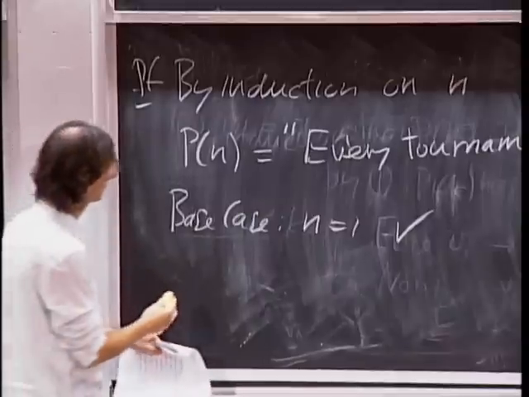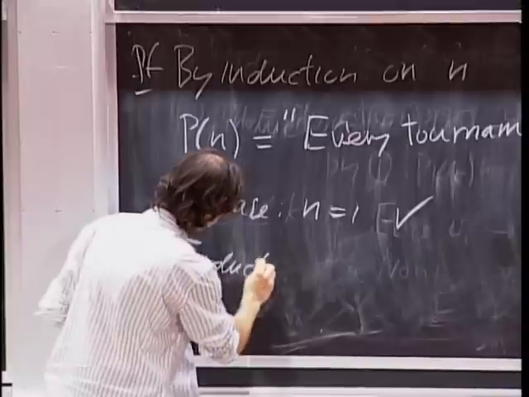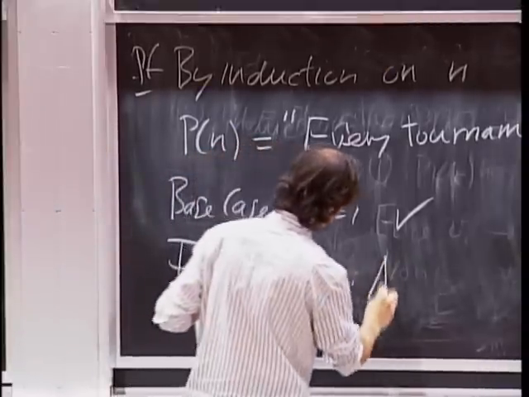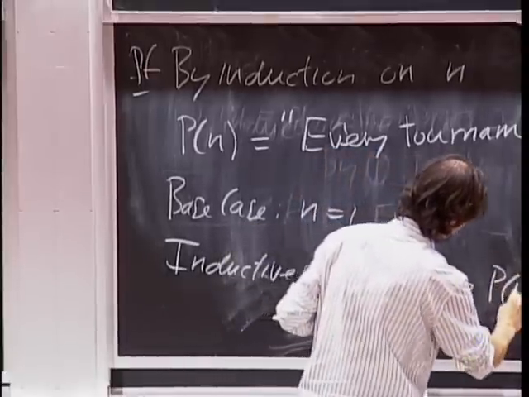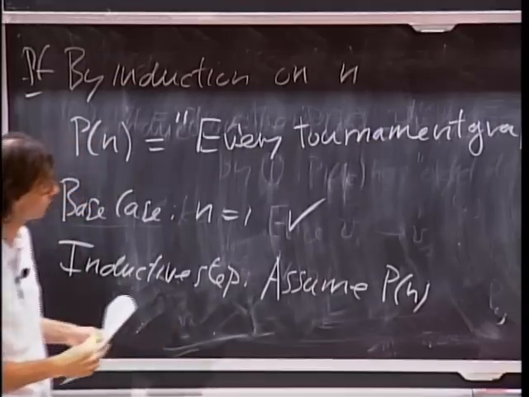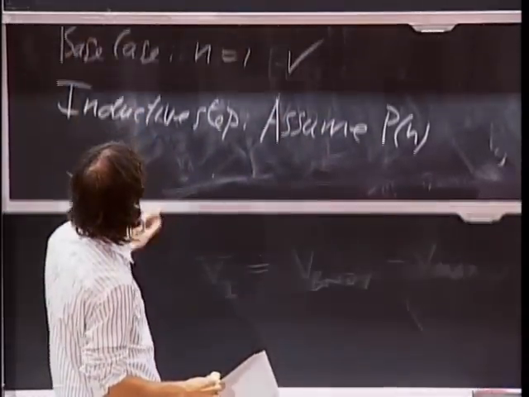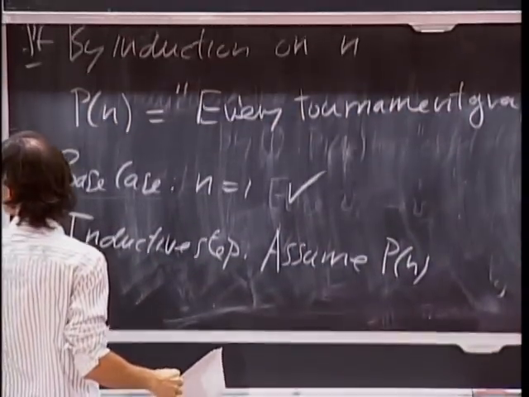So what about the inductive step? Now with the inductive step, we always proceed in the same way. We start to assume that Pn is true. Essentially the theorem holds for a tournament graph on n vertices. Actually, let me keep this over here.